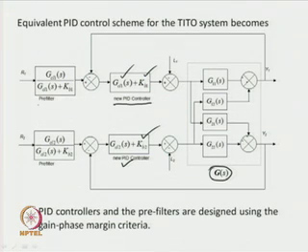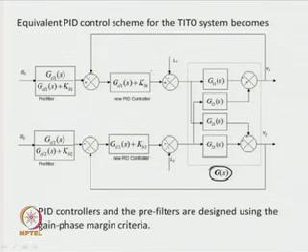Now, the scheme also has pre-filters given by the upper one as GCL1(s) upon GCL1(s) plus KB1, and the bottom pre-filter is given as GCL2(s) upon GCL2(s) plus KB2. This scheme enables us to design the new PID controller. After designing the new PID controller, the parameters of the pre-filters can be set for controlling the TITO system.